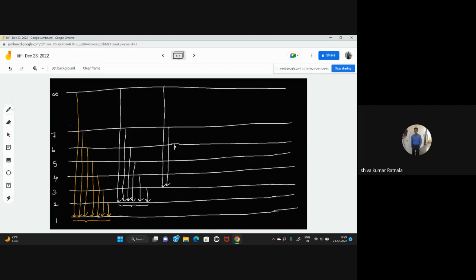So these are all called spectral lines, series of spectral lines. This is named one series. And after that, it can come down to the fourth level also.